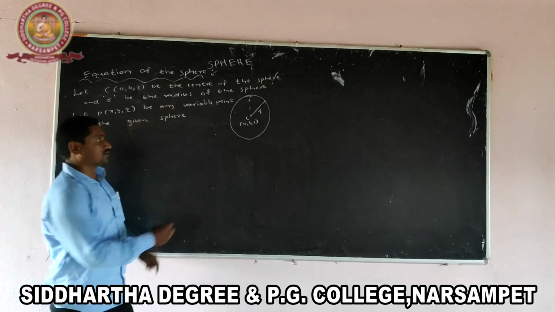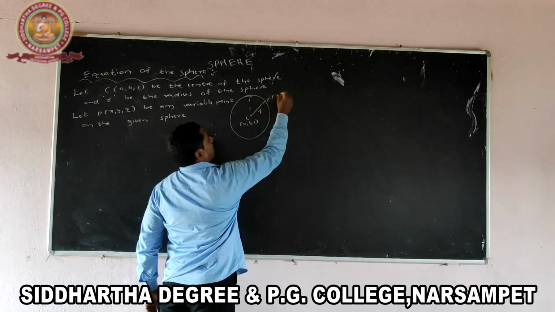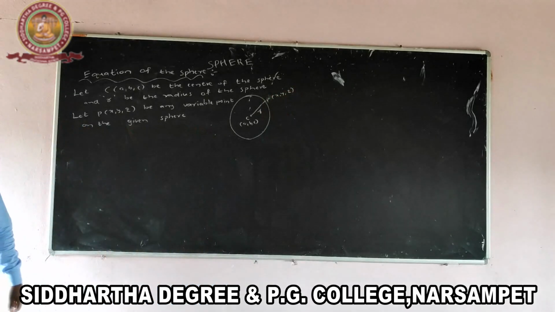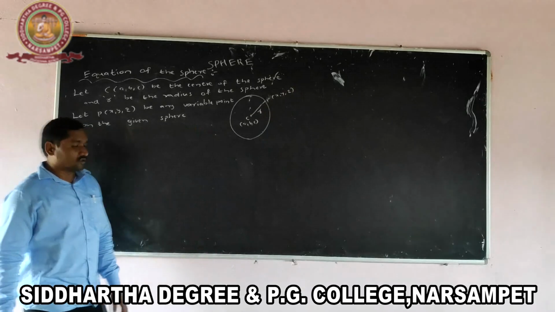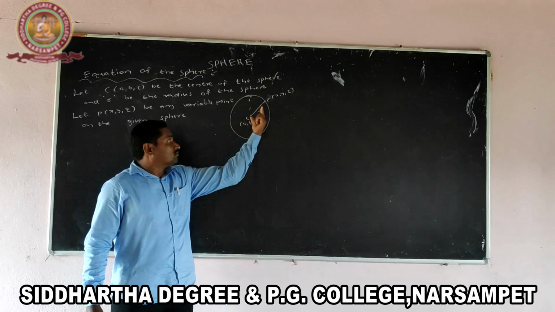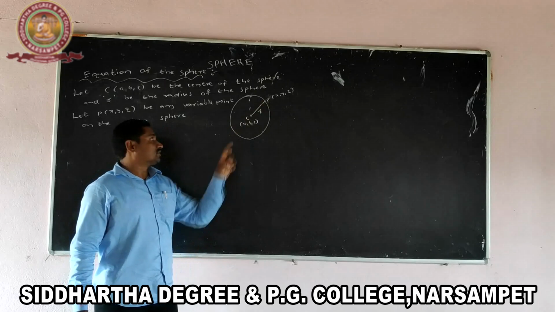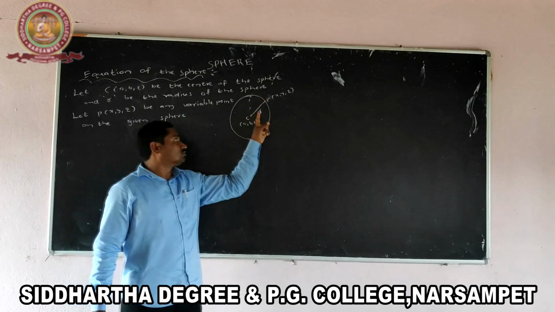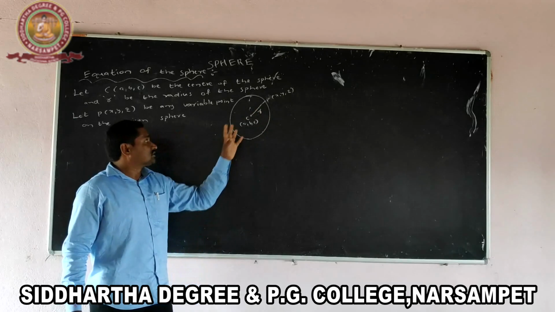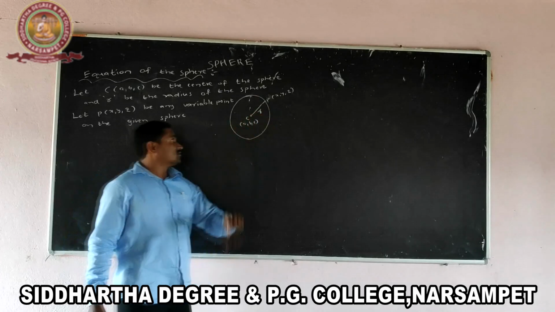From the definition of the sphere, the distance between P and C is equal to its radius r.